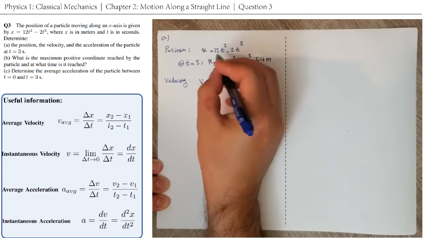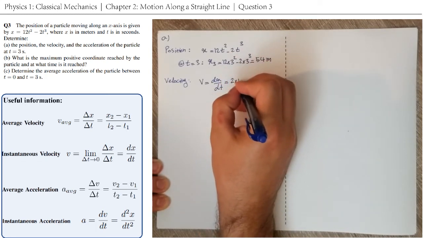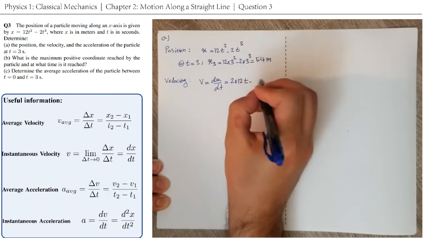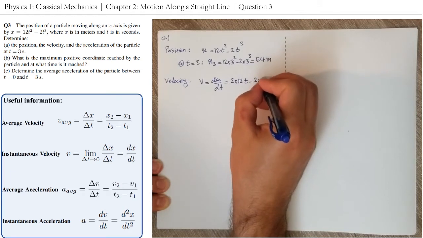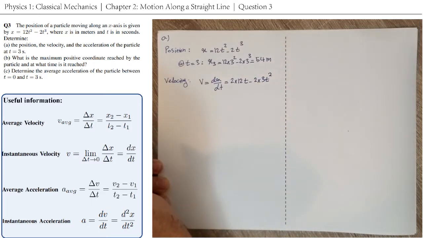So if I take the derivative of this with respect to t, we will have 2 times 12t minus 2 times 3t squared. This is the equation for velocity.